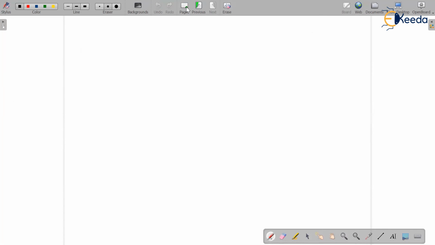The next point, MI instrument works for both AC and DC.